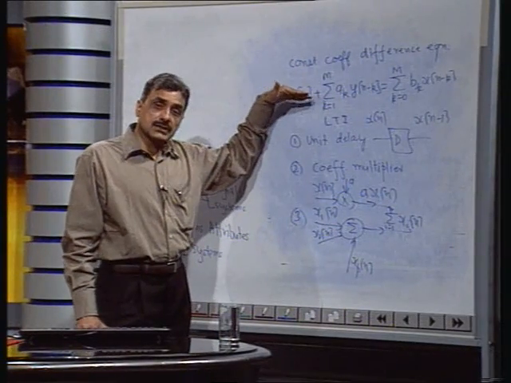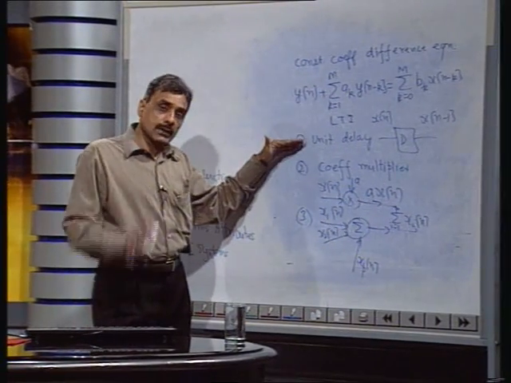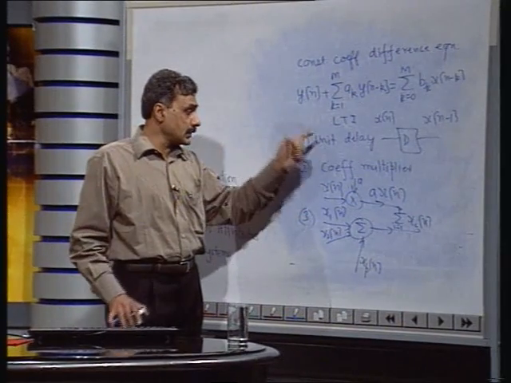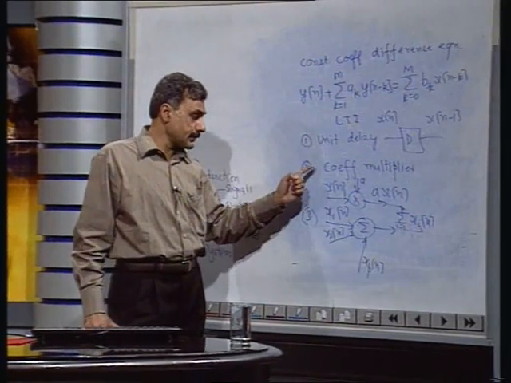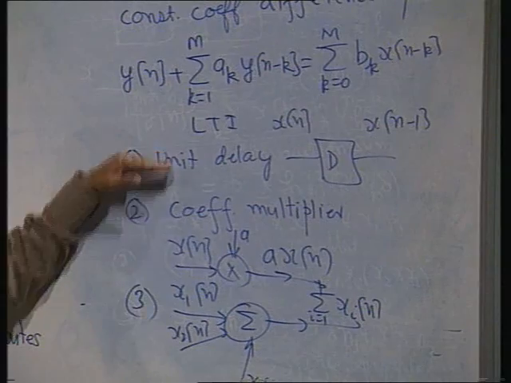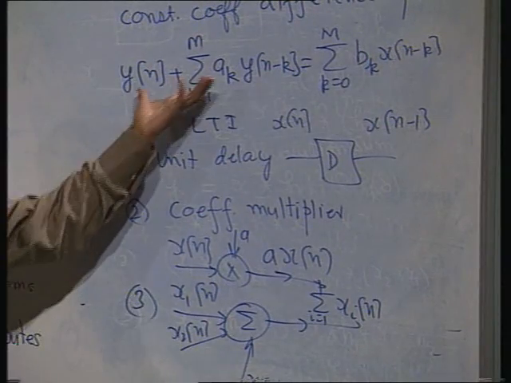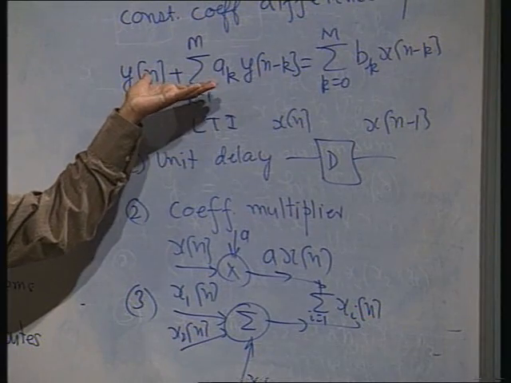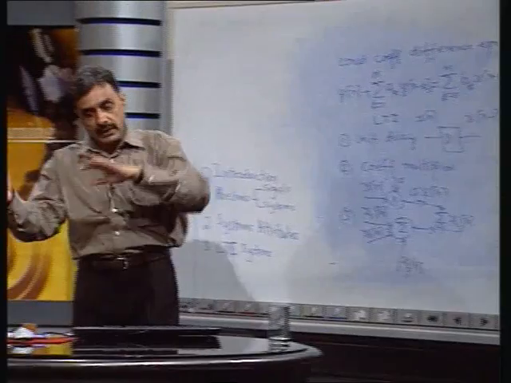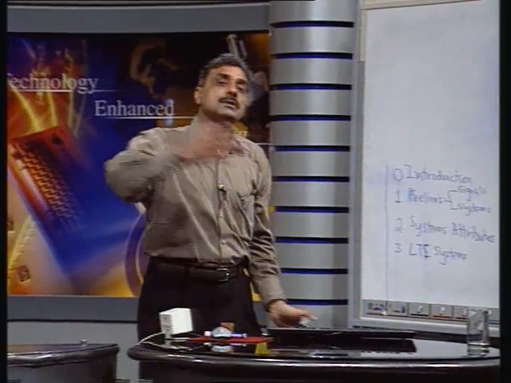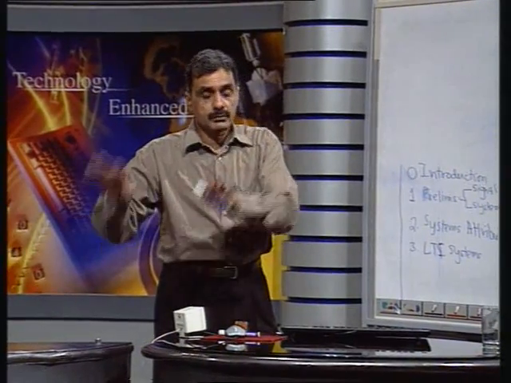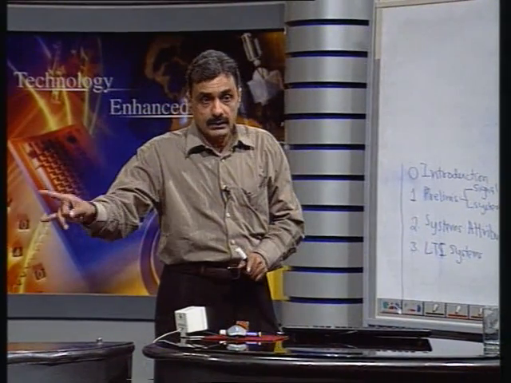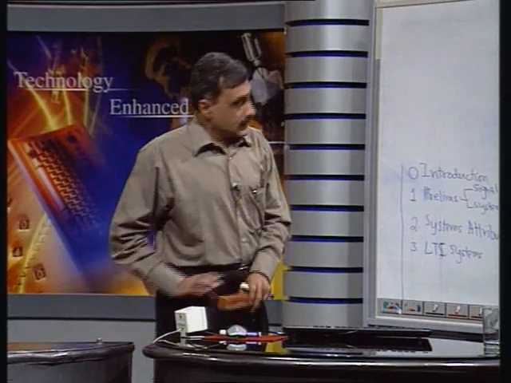If I want to realize such a system, I require only 3 basic elements: a unit delay, a coefficient multiplier and an adder. Using these 3 basic elements, I can realize any difference equation with constant coefficients, which means if they come from an approximation of an LTI system, I can approximate and realize that LTI system.